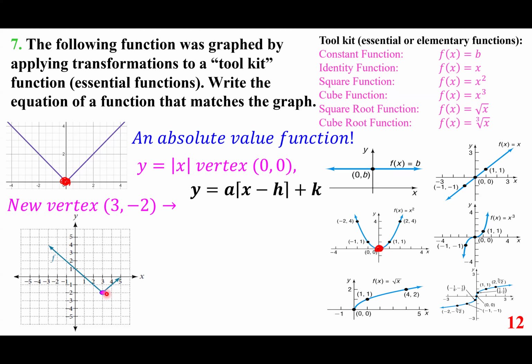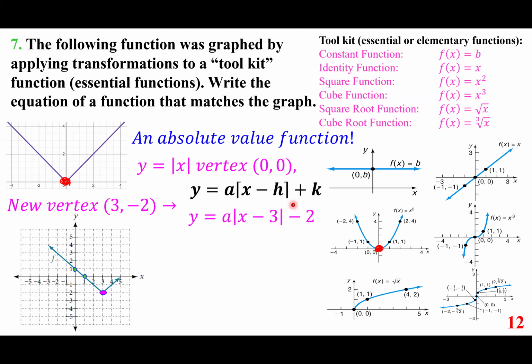So the vertex has coordinates 3, -2. H is 3, and k is -2, including the sign.